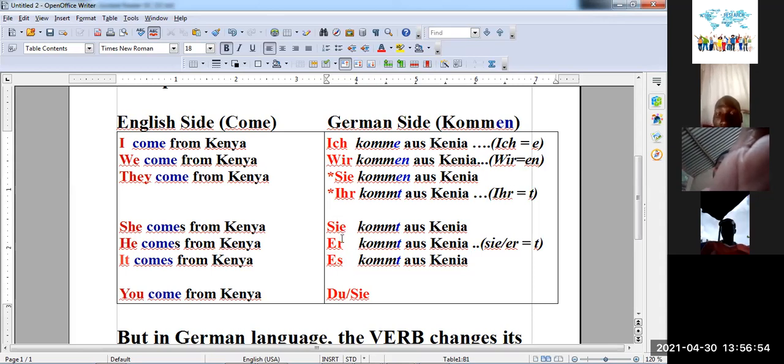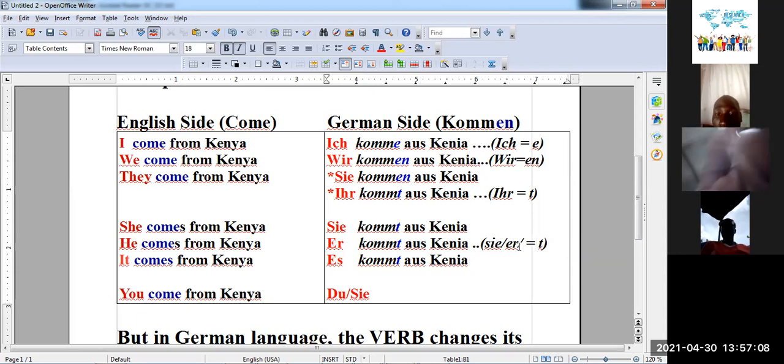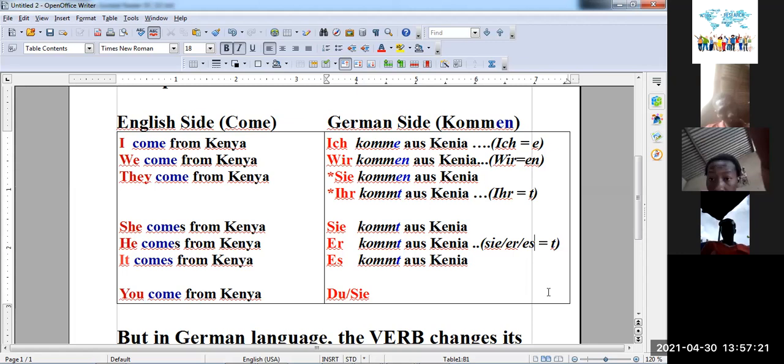She, he, and it. Look at this. So I'm going to increase now my formula here. Sie, er, es equals to T. They will end the verb with T. Interesting. And it reduces your job of thinking, scratching your head. Okay? Wonderful.